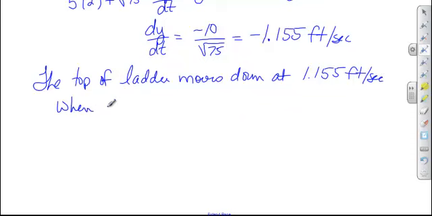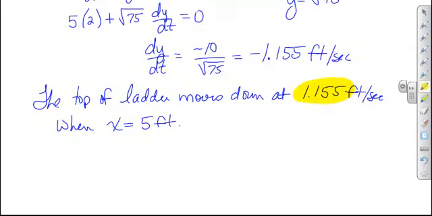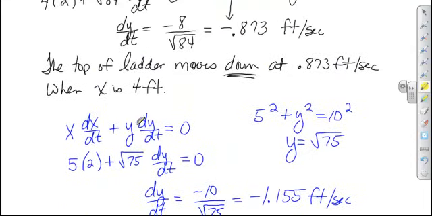Now, comparing these two numbers, we have a speed of 1.155 feet per second when x is 5 feet away from the wall, and we have a speed of 0.873 feet per second when the base of the ladder is 4 feet from the wall. So there's evidence right there that the top of the ladder is speeding up as it moves down the wall.